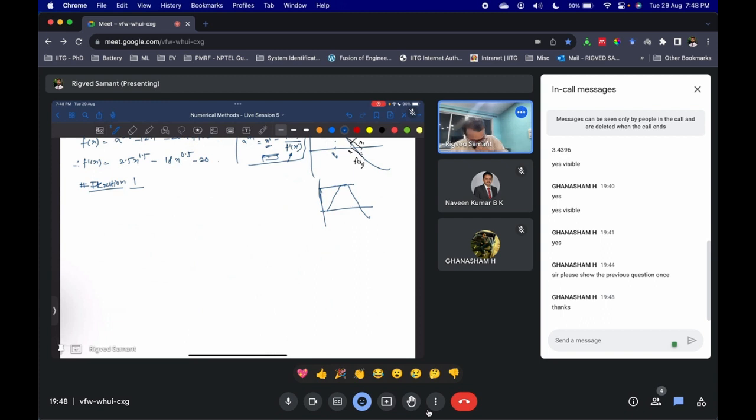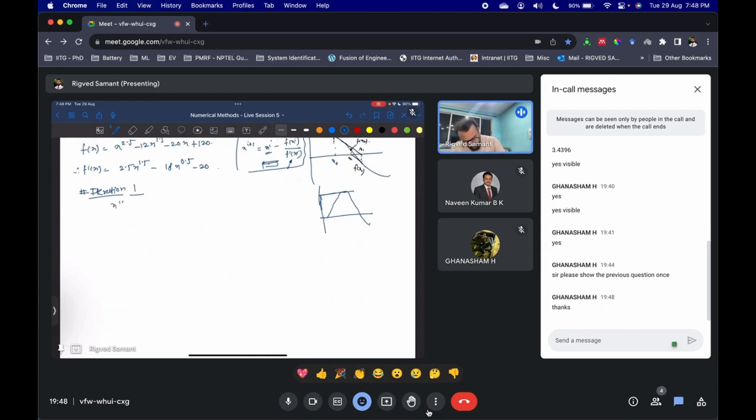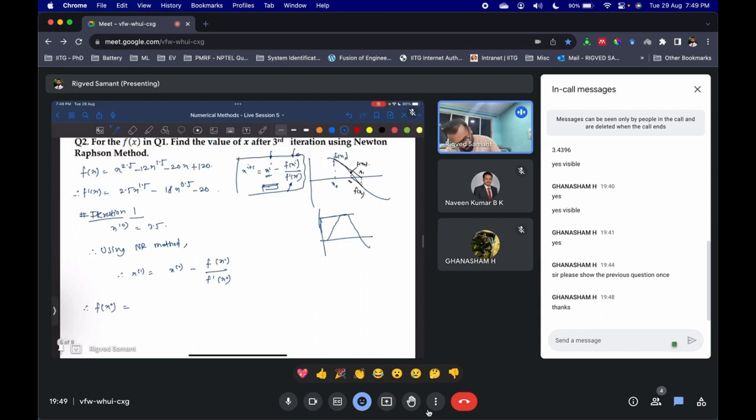So iteration 1 would be, we know x naught, I am considering 3.5. Therefore, using Newton-Raphson method, x of 1 would be x of 0 minus f of x of 0 upon f dash of x of 0. Now f of x of 0 is all 0 and plus 120.